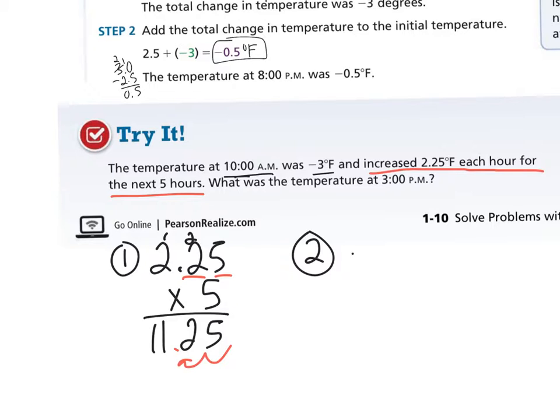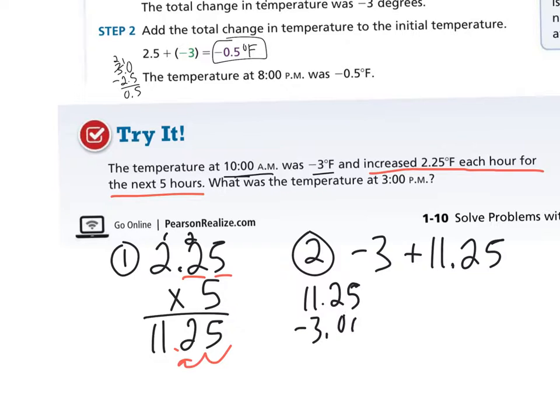So it was at -3, and it's actually going up this time by 11.25. So with these numbers, different signs, we're going to need to take the difference again. So make sure you line up your decimals. Remember that 3 is like 3.00.